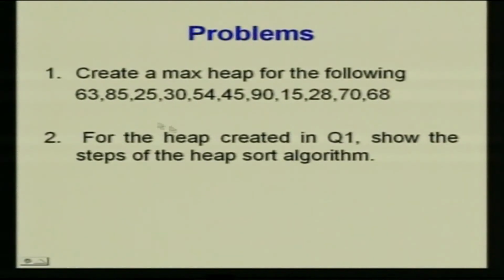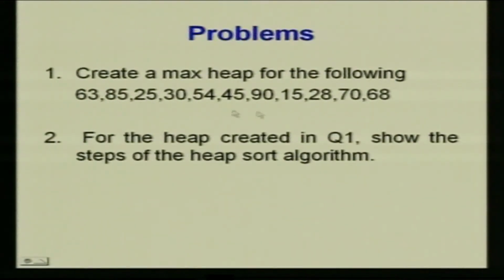The second position's children are 30 and 54. It already follows the heap property, so you do not have to do anything. Now if you look at 25, 45, 90: 90 comes here and 25 comes here. So now you have 85, 63, 25, but the 25 has been replaced by 90.